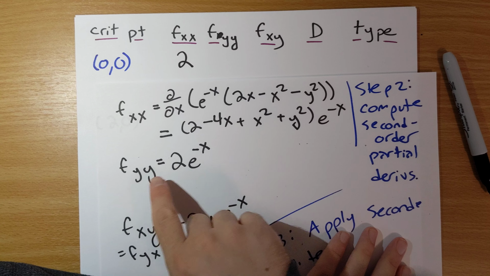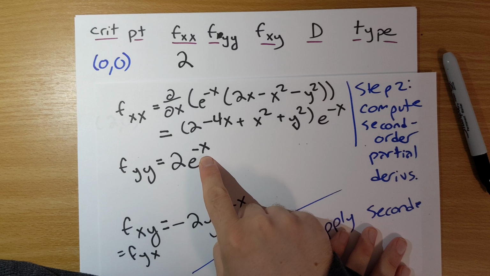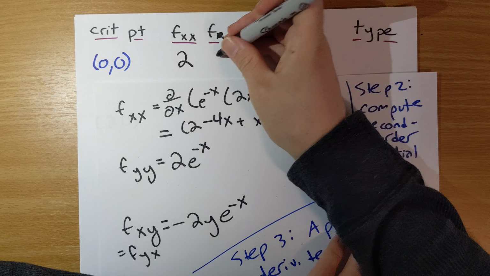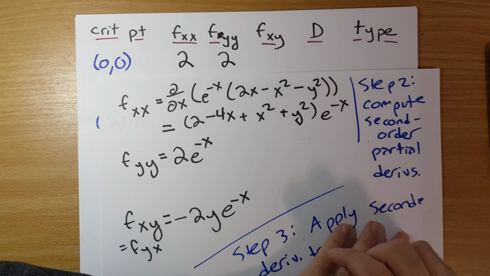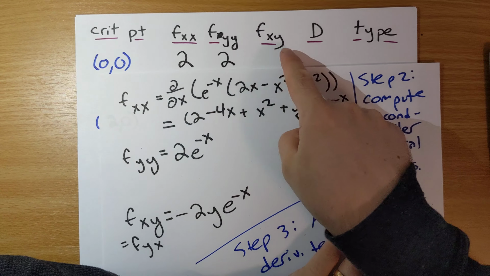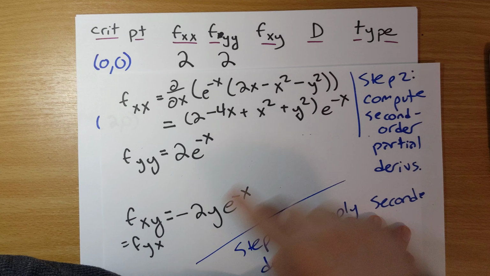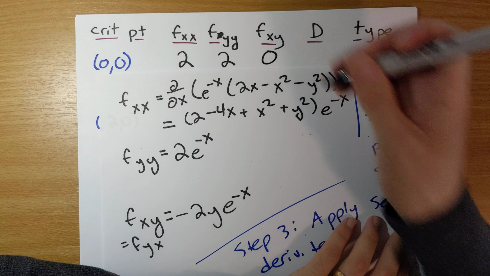When we plug in (0, 0), x is 0 into 2e to the negative x, 2e to the negative 0 is 2. And when we plug in (0, 0) into fxy, negative 2 times 0, e to the negative 0, that's going to be 0.